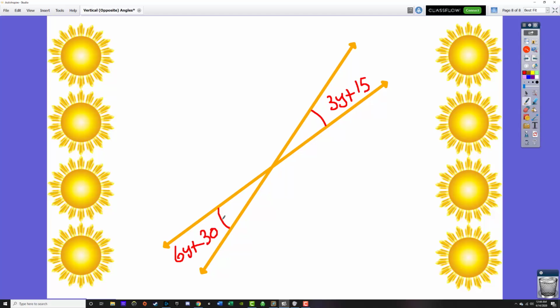I will ask you to figure out what y is equal to, and that will give you the exact number of degrees on both sides.